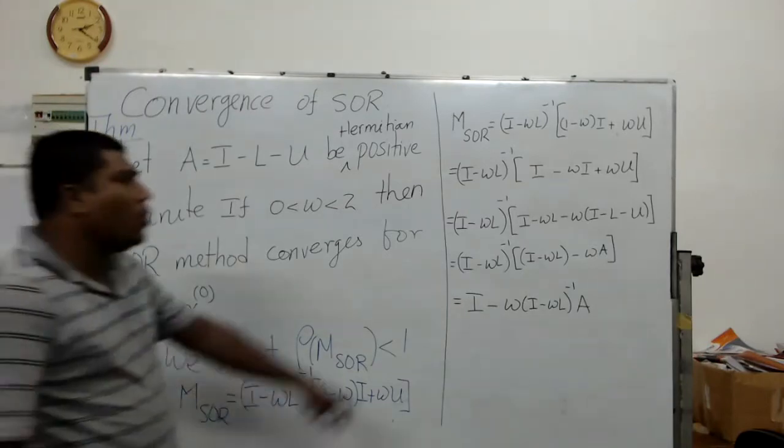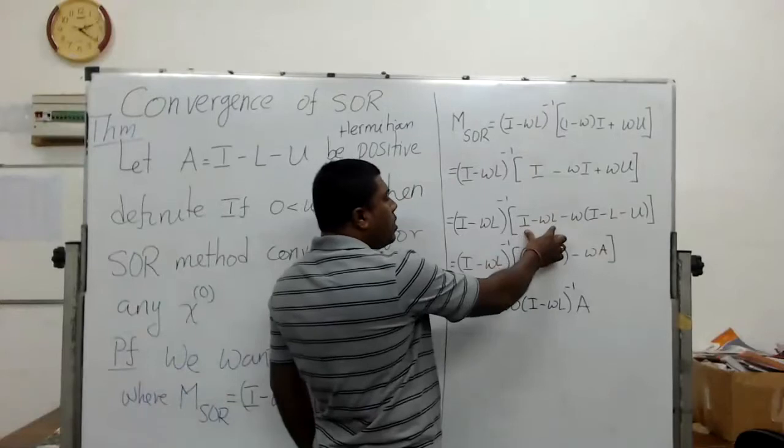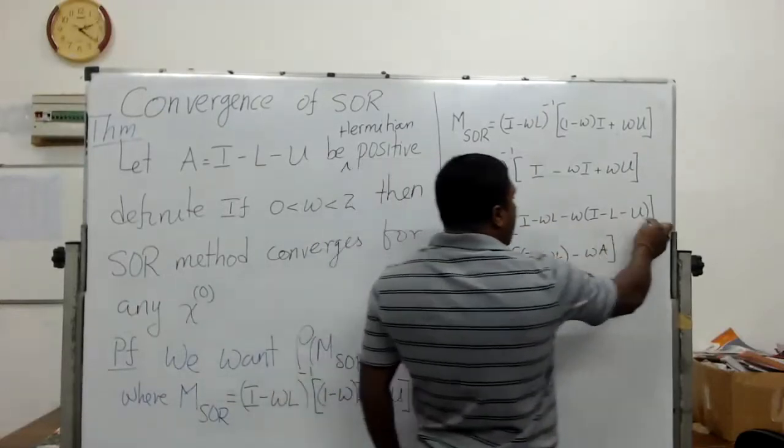And then I factor out minus omega from the rest of the terms. So I have I minus omega L minus (I minus L minus U).